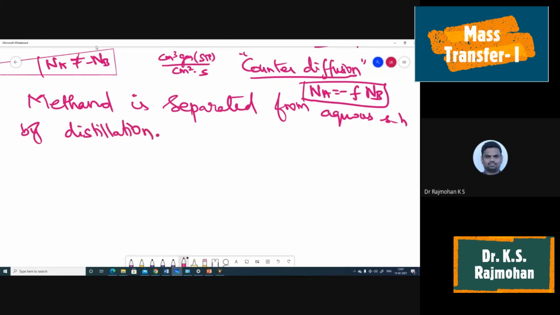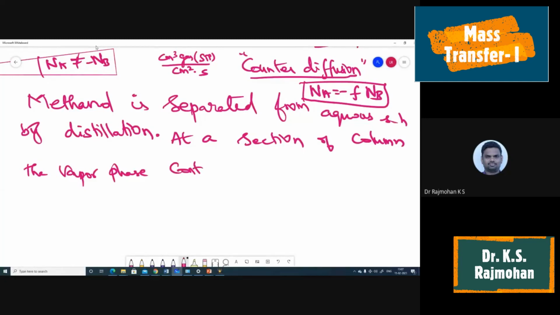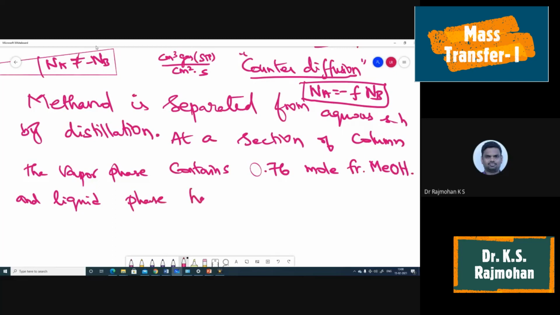At a section of the column, the vapor phase contains 0.76 mole fraction methanol, and the liquid phase has 0.6 mole fraction of methanol. Okay, liquid phase has 0.6 mole fraction.